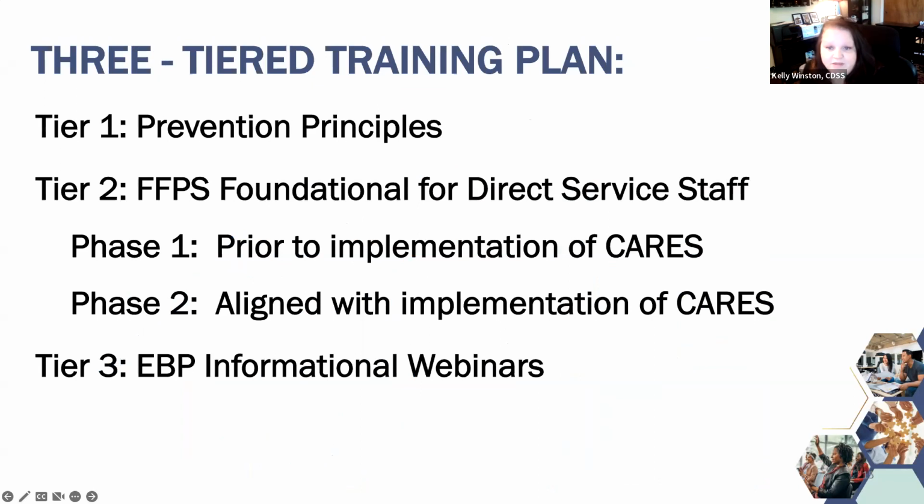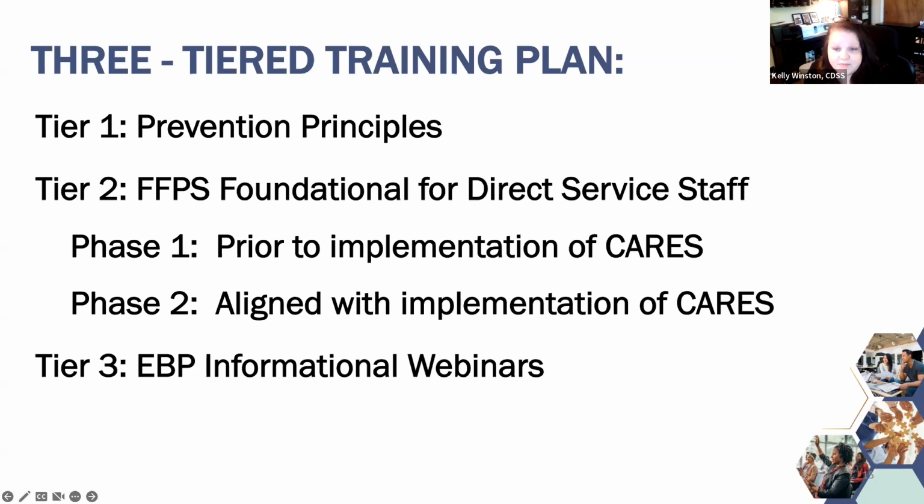Okay, so the first tier we have here is focused on prevention principles. These principles are intended to set the tone for shifting that mindset, less so on serving families in the child welfare system and more towards engaging families earlier or more upstream to support their well-being prior to contact with or entry into the child welfare system. Tier 1 includes sharing the vision of the Family First Prevention Services program outlined in the state's prevention plan.